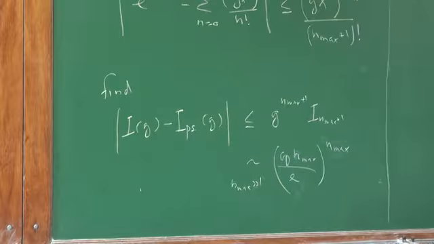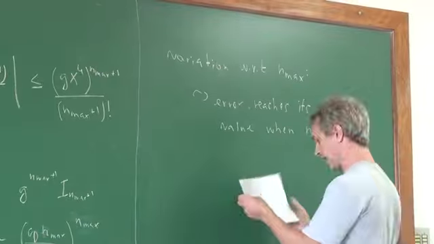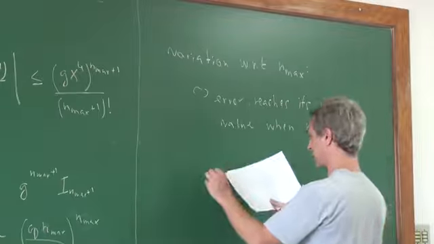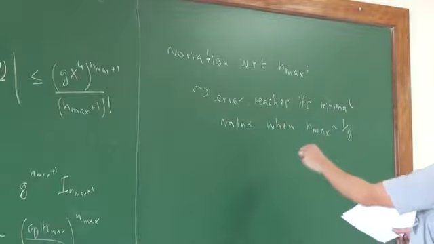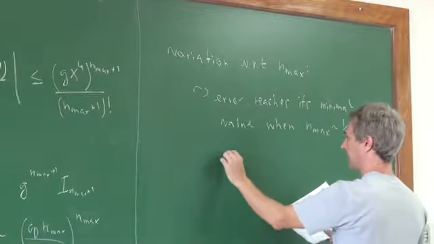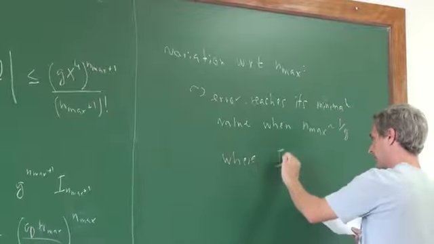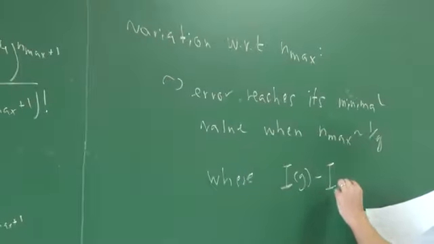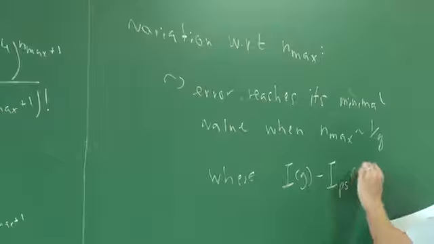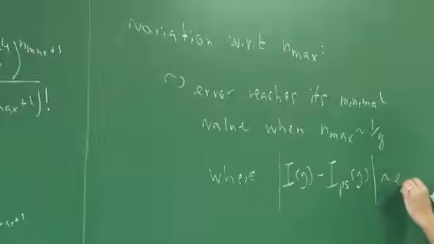Now, if we plug this in, we find that at the minimum the difference between the partial summation and the true integral reaches a value of e to the minus 1 over g.